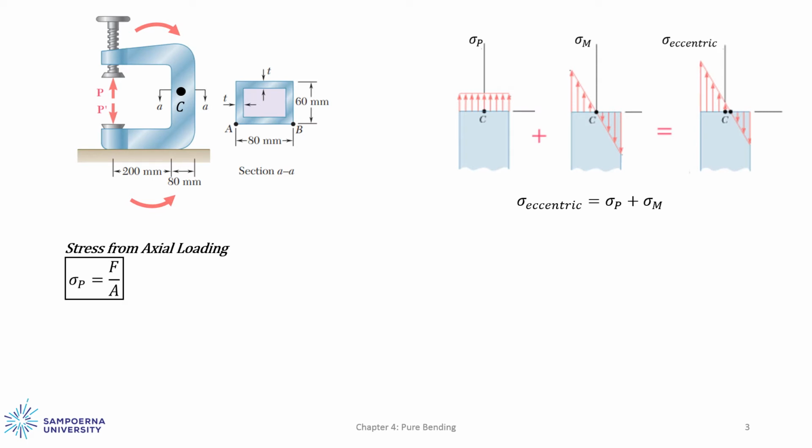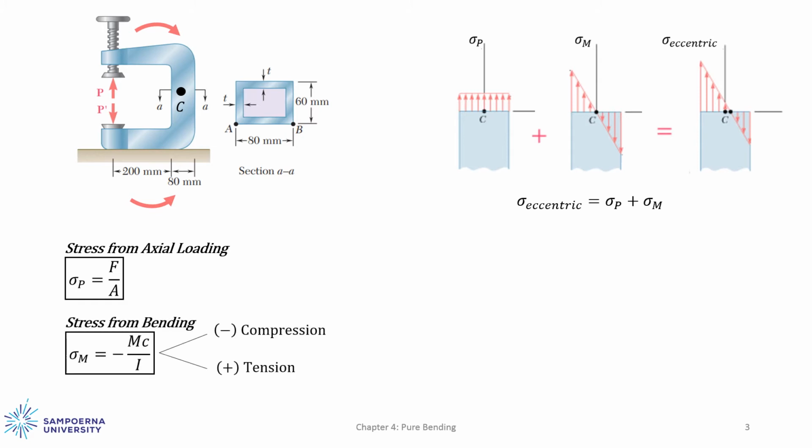This makes the side where point A is located in tension, and the other side where point B is located in compression. Then we can find stress using the bending stress formula.